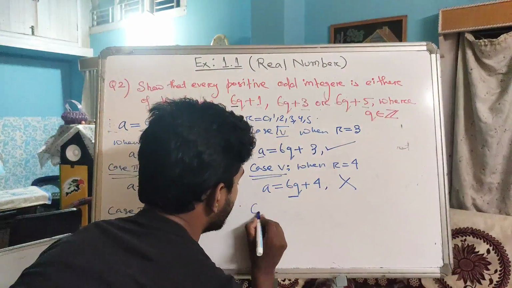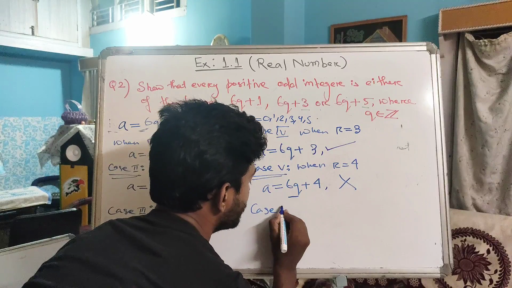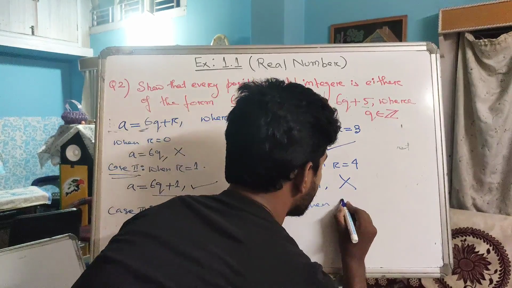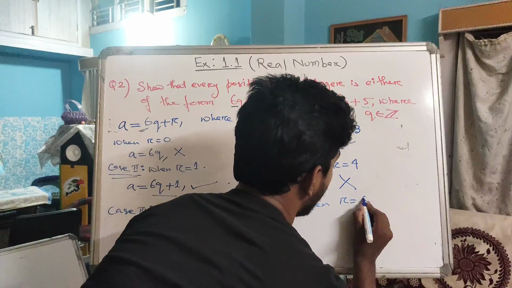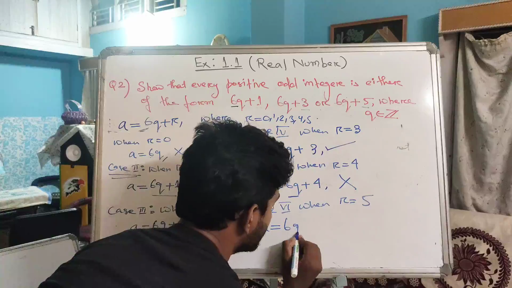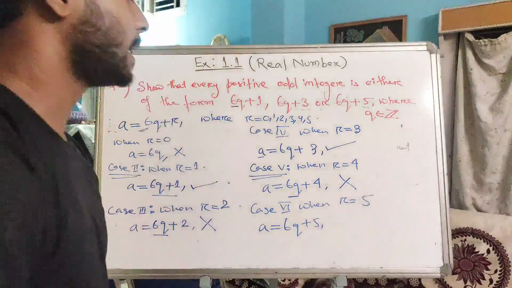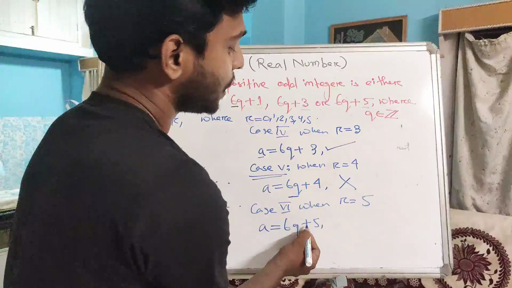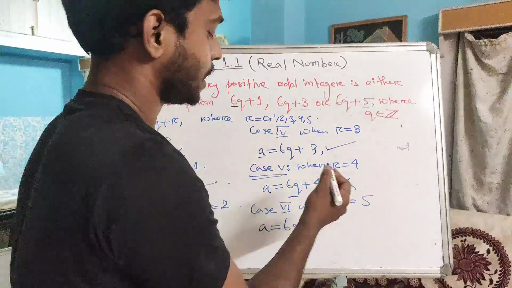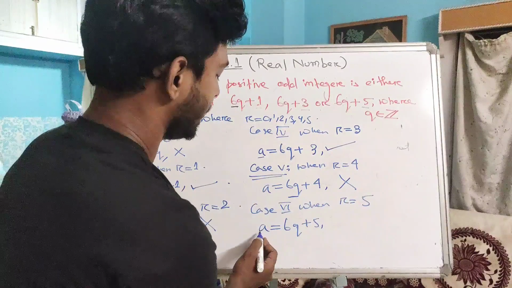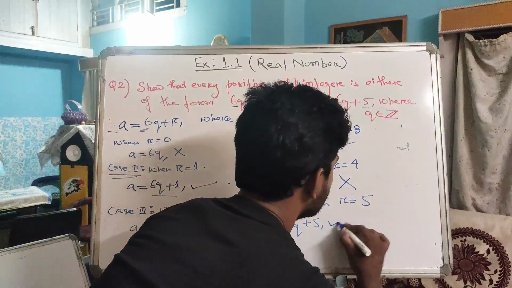Now our last case, case number 6, when r equals 5. Here a can be written as 6q plus 5. This case is considerable because 6q is even, plus 5 is odd, and even plus odd is odd, and a is also odd.